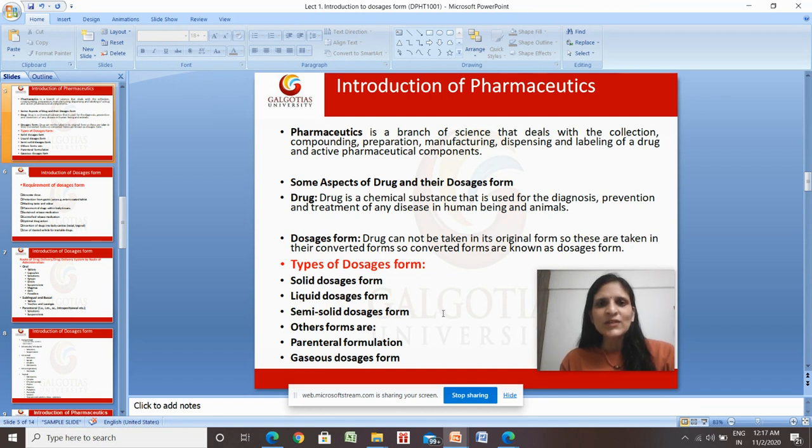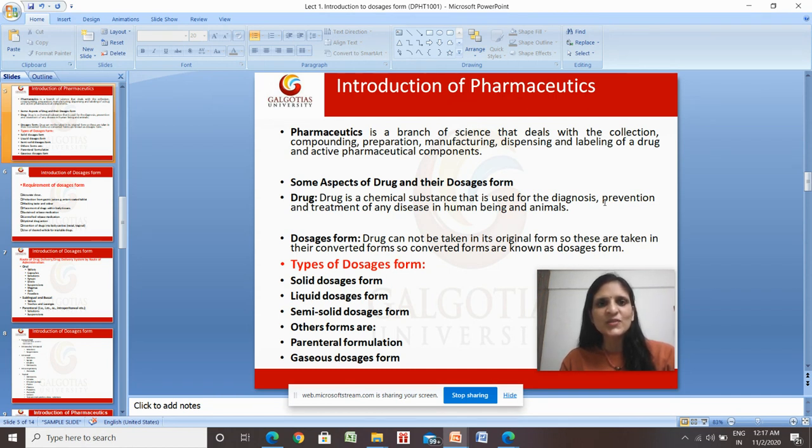What does the term diagnosis mean? Diagnosis means general examination which is done by pathological testing like blood test, urine test, etc. Next is prevention. Prevention means prior protection, which is done by using vaccination in the body.